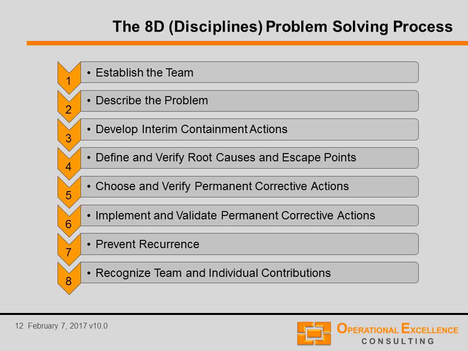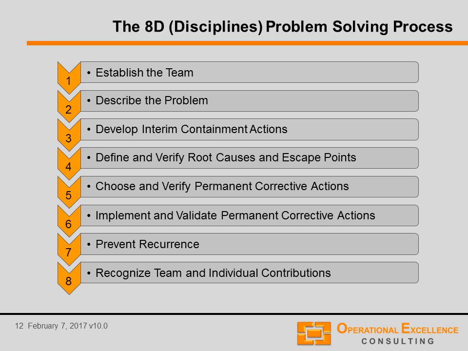Once we have done that, then we can continue into the fourth discipline where we're thinking about, okay, how can we now define and verify the root cause and something that we call escape points. And we're going to talk more about what that means. What are the escape points in your process?